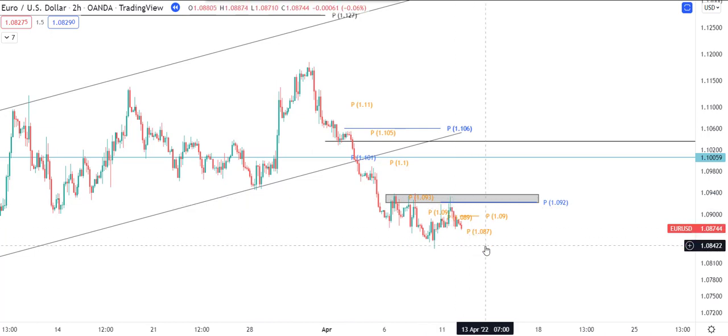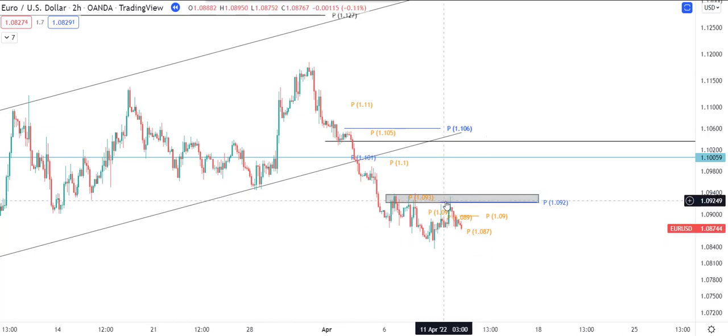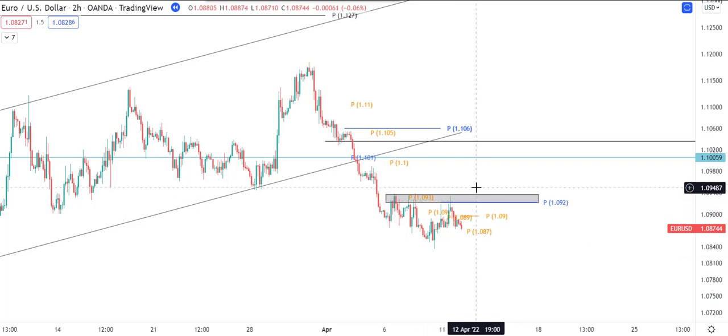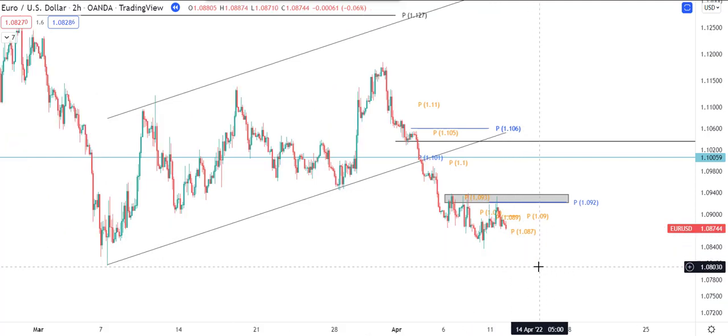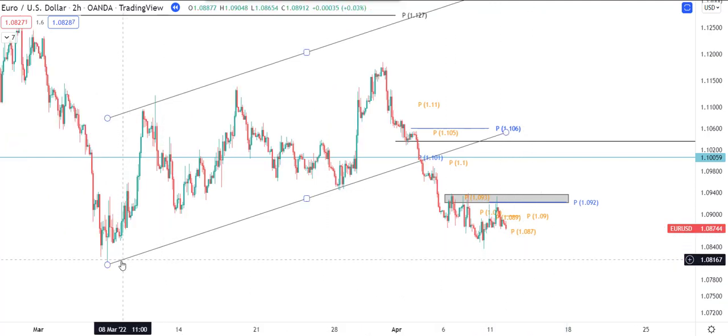We have a test. On the first time, you can always try to short. So if you had a sell limit there at 109.20 with stop loss at 0.950, the order would have been filled. You are still in the trade now, 40 pips into the money, 50 pips into the money. The target will be the previous low.